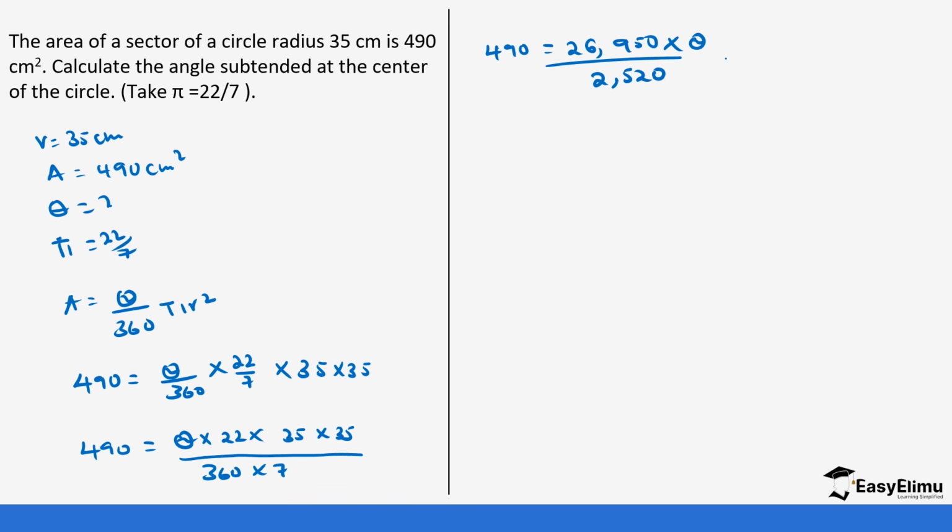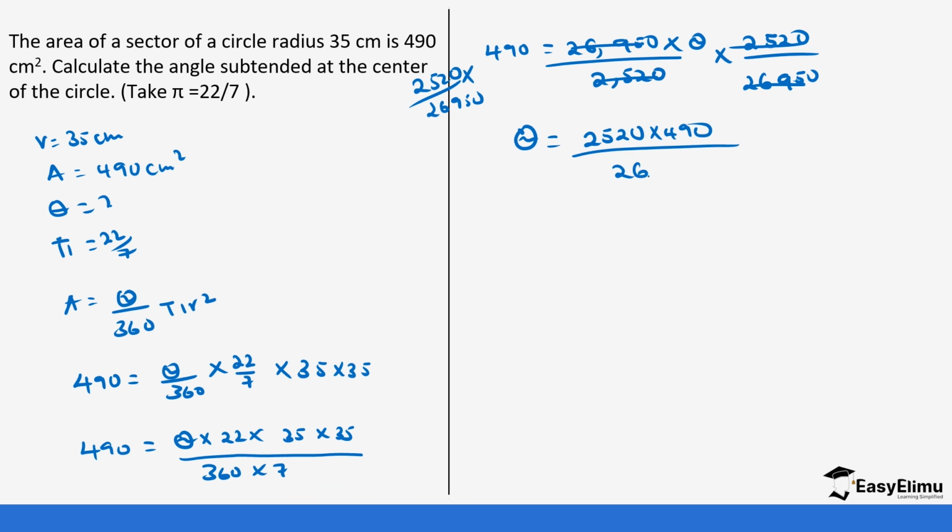So you multiply by the reciprocal once again, 2,520 divided by 26,950. We do the same on both sides, so this cancels with this and this cancels with this. So the angle is equal to 2,520 times 490, and we divide everything by 26,950.